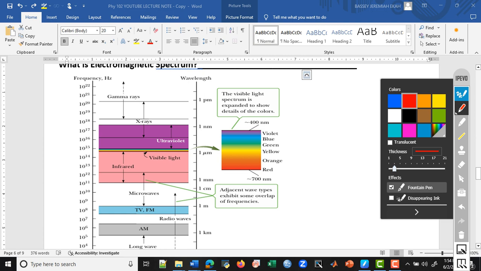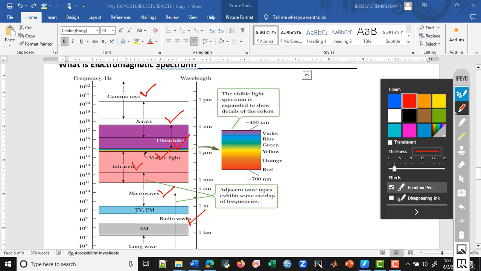Okay, so we have the gamma ray, the X-ray, the ultraviolet ray, the visible light, the infrared ray, the microwaves, and the radio wave.